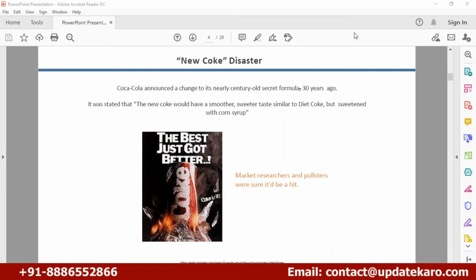Coca-Cola, 30 years ago, when the original Coke was running in the market, they wanted to introduce a new Coke, a new product of Coca-Cola, which was sweetened with corn syrup. Okay, they did market research, but they did not do any detailed market research. So they released it.